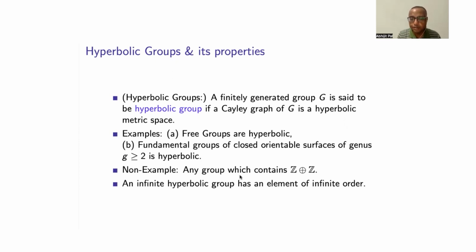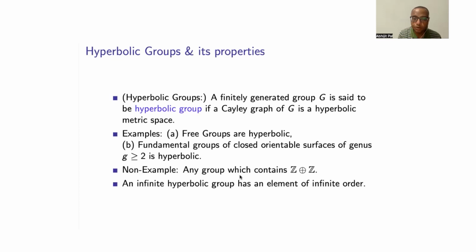For example, if I take free groups, as I said before, Cayley graphs of free groups are trees, and trees are hyperbolic metric spaces. Therefore, free groups are hyperbolic, and we have already seen this fact. The fundamental group of a closed orientable surface of genus g greater than or equal to 2 acts on the Poincare disk properly discontinuously and co-compactly.